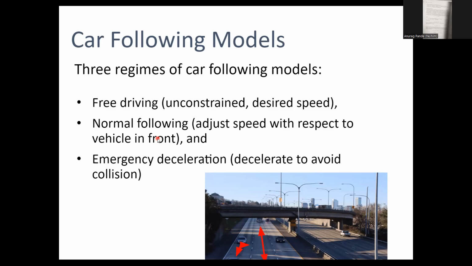That could be emergency deceleration in most cases, but you could also think about swerving into a different lane. You could look into it in different ways. But when you're talking about car following models in VISSIM, or any other microscopic simulation package really, we're talking about if the gap between leader and follower becomes too small and they're still moving, then the follower has to engage in what we call emergency deceleration. So very fast, maximum possible deceleration.